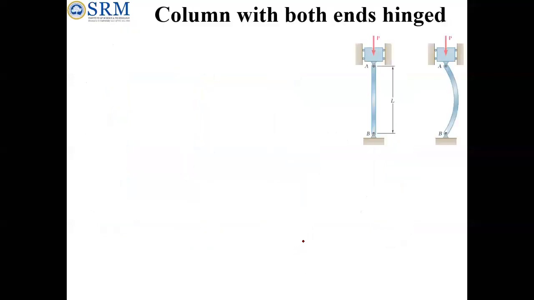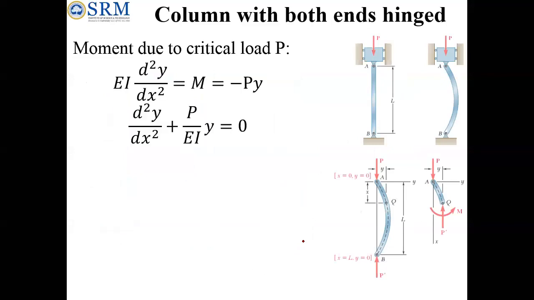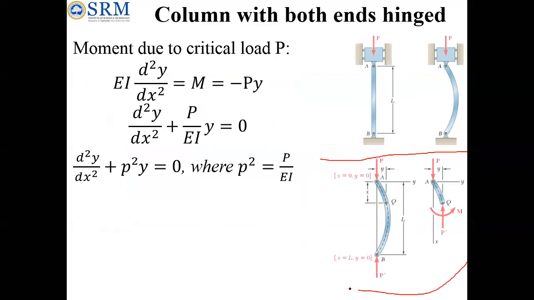Let us see the cases. First one is the column with both ends hinged. So the effective length will be equal to L. Let us take the second part of the diagram. This is the case where the axial load is there, as mentioned here.